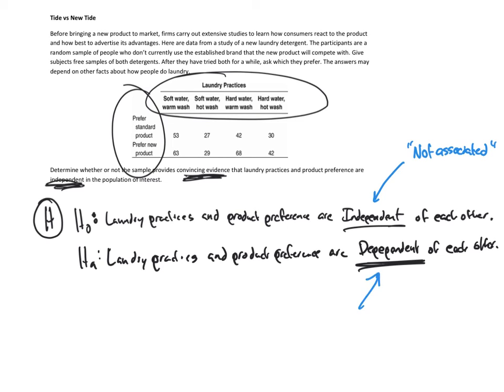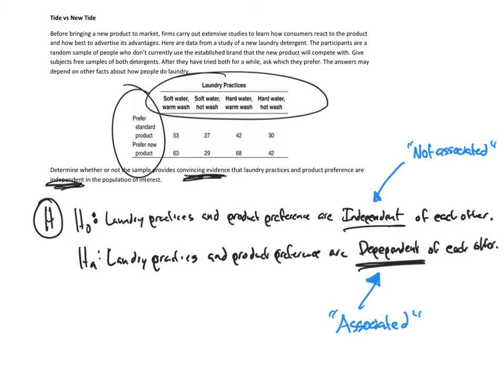Or if you like to use the word association, I'm going to use the word associated. Okay, so technically the null hypothesis is independent, alternative hypothesis is dependent every time. Or if you want to use the words association, we're going to say null hypothesis is not associated, alternative hypothesis is associated. And that would get you to what we need.